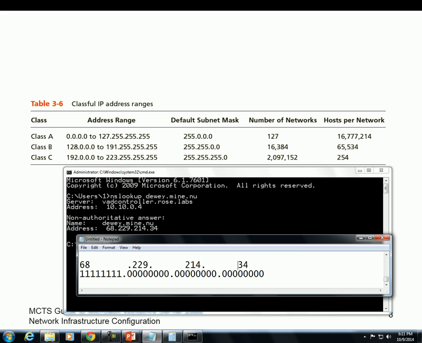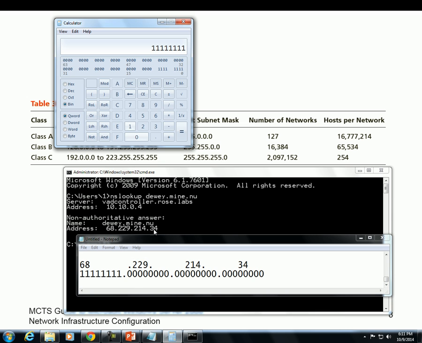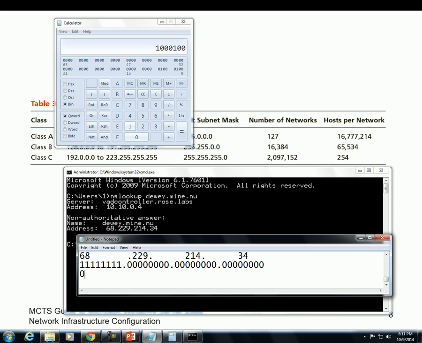Because if I was to convert, actually let's do that. Let's convert 68 to binary. It's 1, 3 zeros, 1, 0, 0. Is that right? 1, 2, 3, 4. So it's 0, 1, 0, 0, 0, 1, 0, 0. That is 68 in binary.